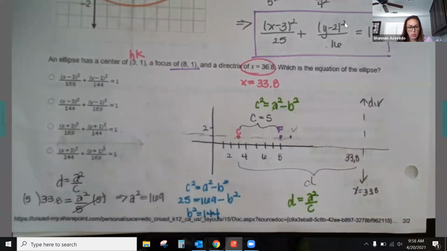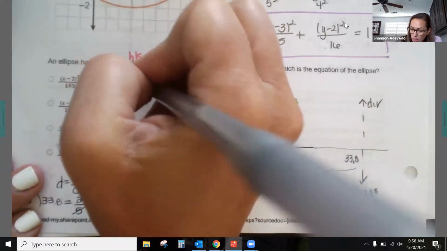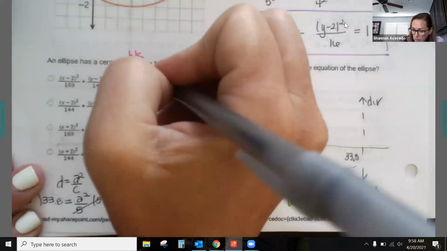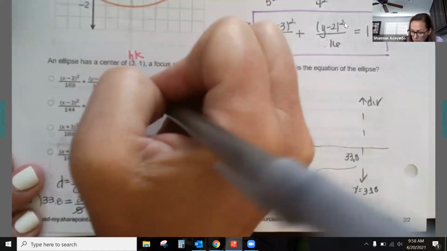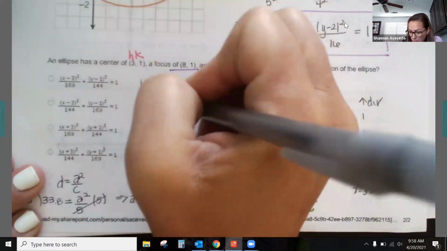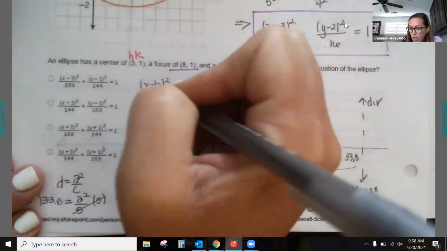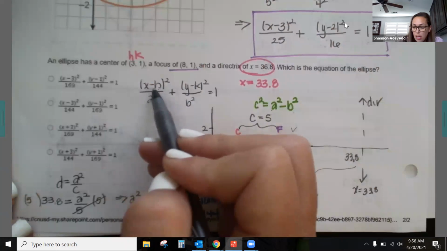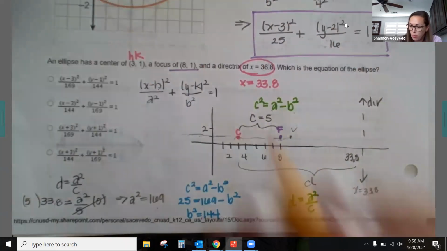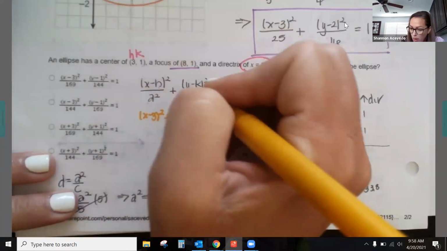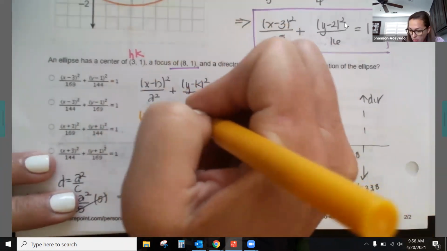So which equation is it going to be? Well, remember, if it's a horizontal ellipse, it's going to be x minus h squared all over a squared plus y minus k squared all over b squared is equal to 1. So it's going to be x minus 3 squared, and this is going to be y minus 1 squared.